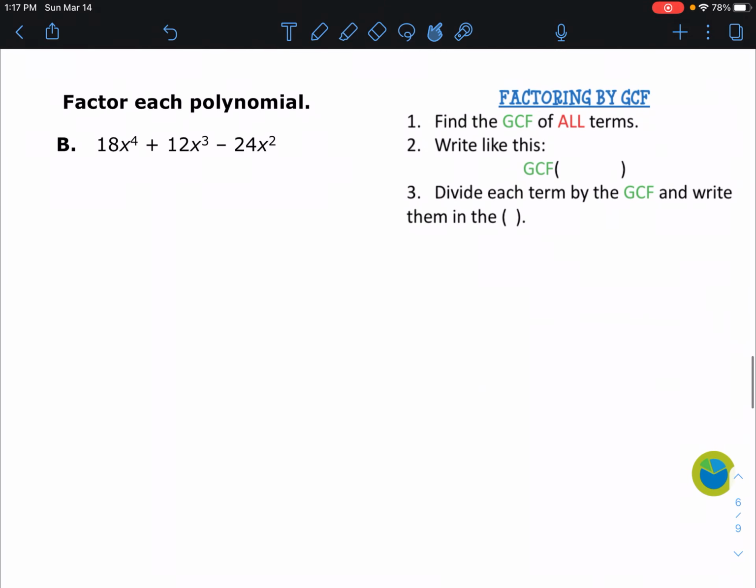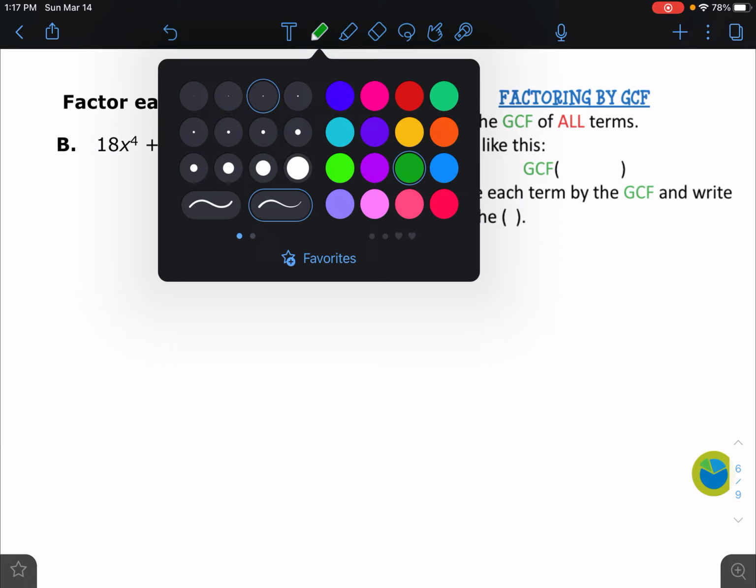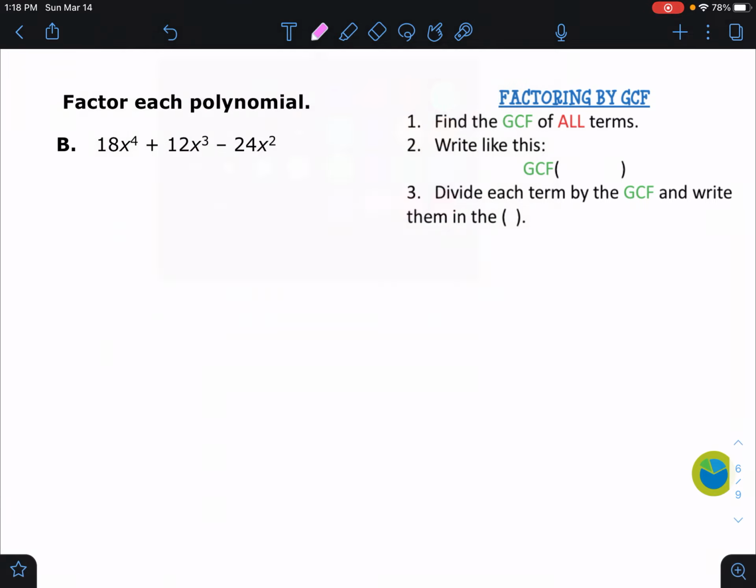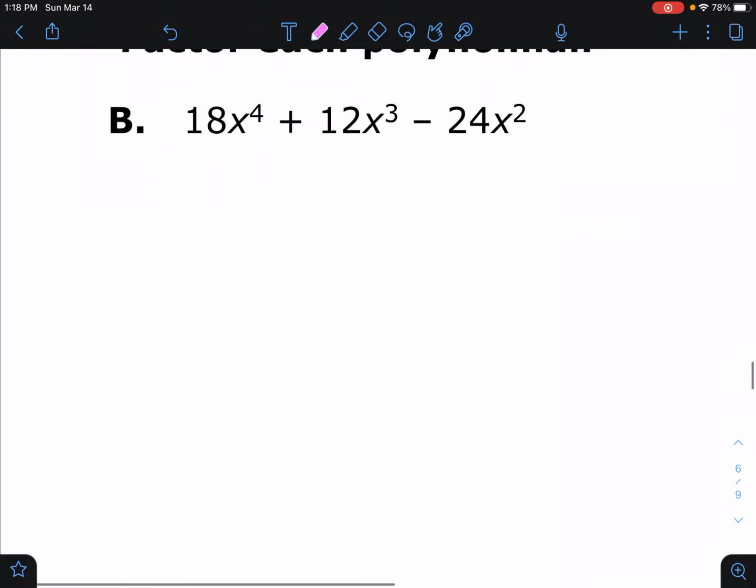And here, this one, you'll notice I got 3 terms. Okay, so how does this work? Well, really not much different. So let's start. We'll do 18. I got 2 and 9, 3 and 3.